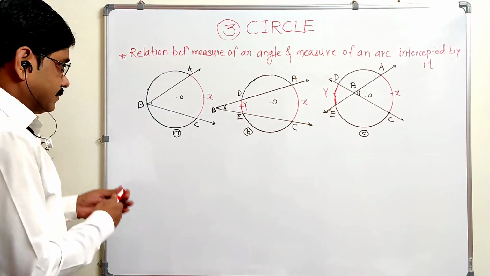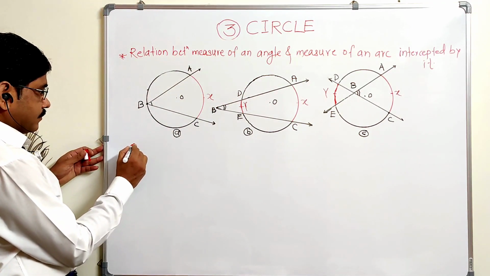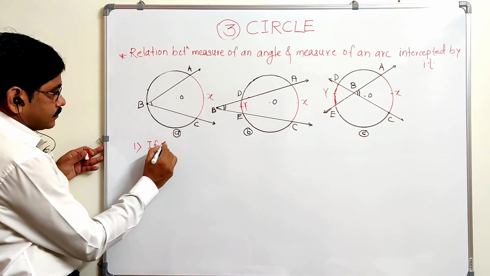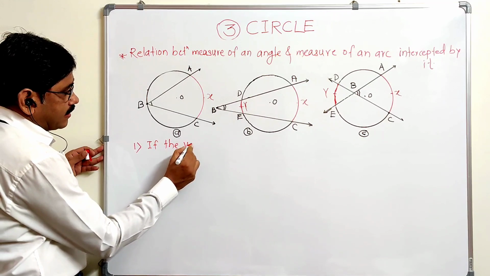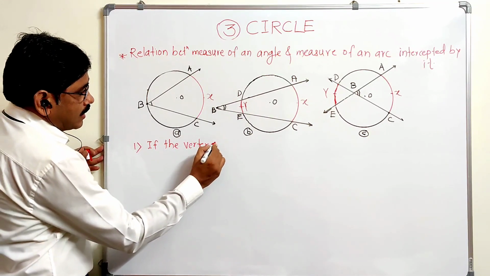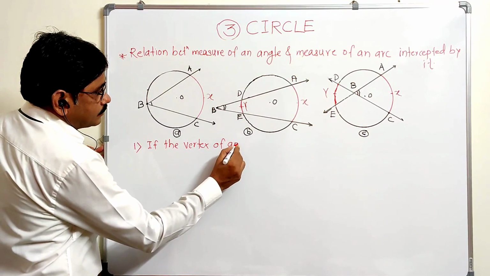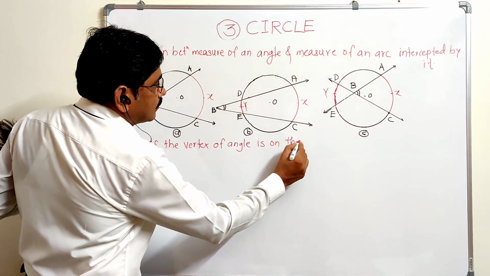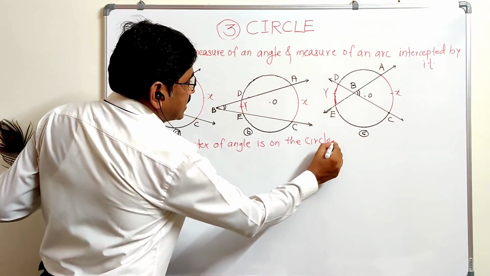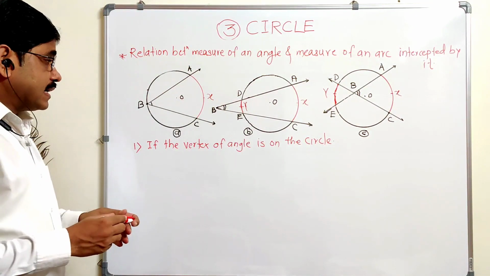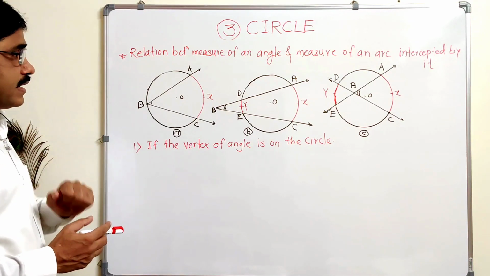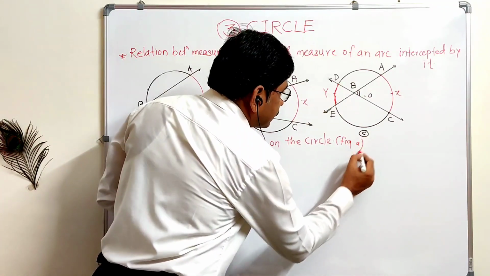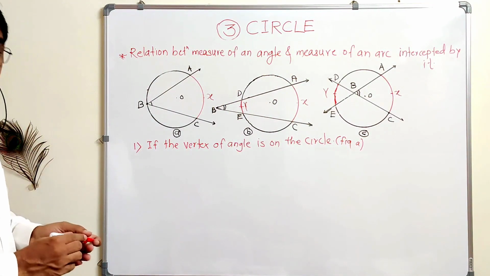So first condition. What is the first condition? The first relation: if the vertex of the angle is on the circle. This is figure A. In figure A, the vertex is on the circle.